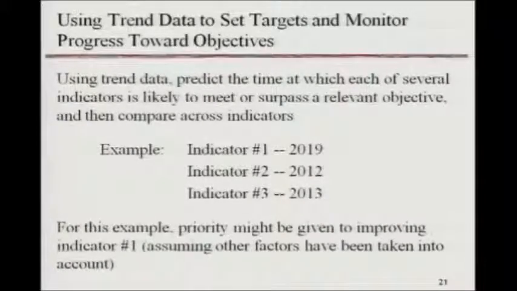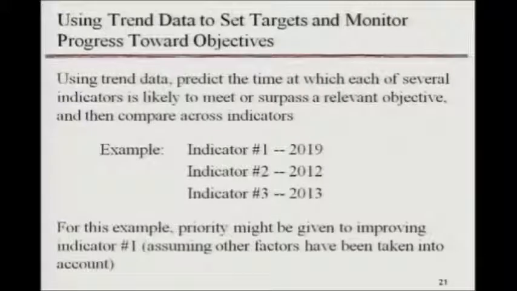What if I looked at trend data for each of those and looked at the shape of the trend? What's the slope? Are we moving in the right direction? And if we're moving in the right direction, how can I project out at what point for a given indicator we will meet a longer term goal?